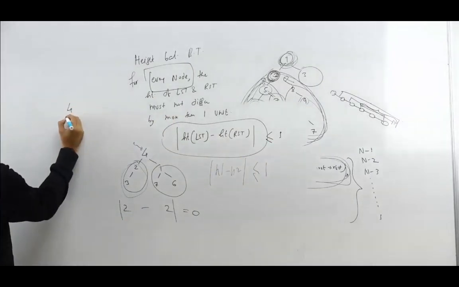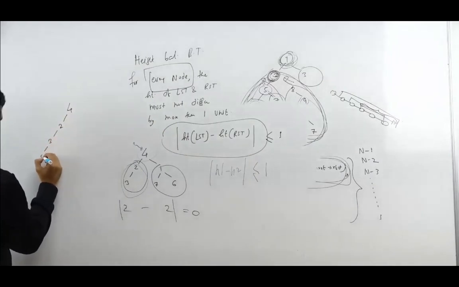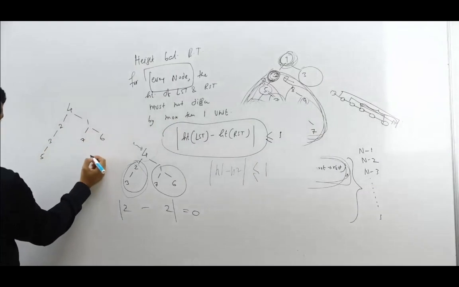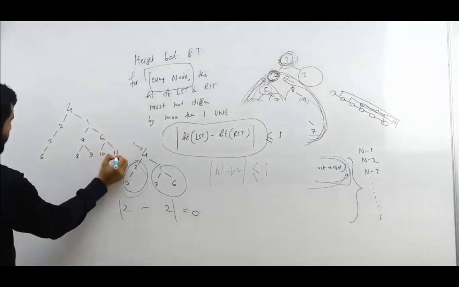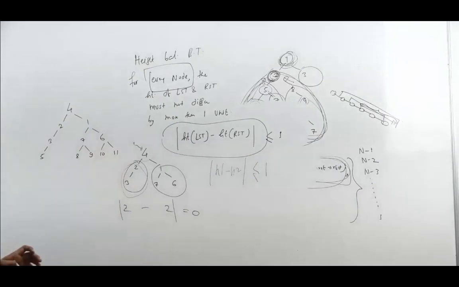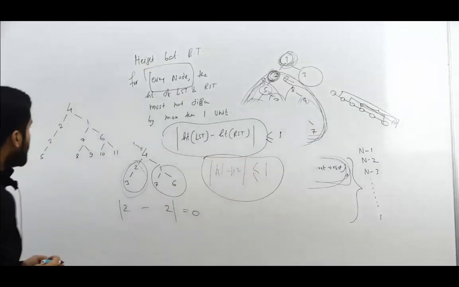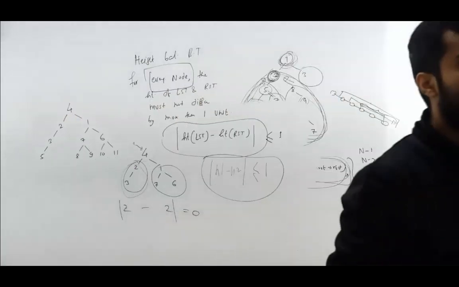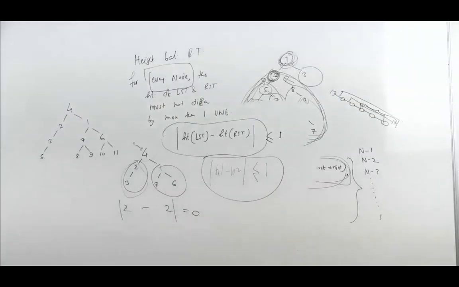So if instead you have something like this, and you perform this check only for the root, will the check be true or false? Only for the root, tell me. The check will be true. Why?